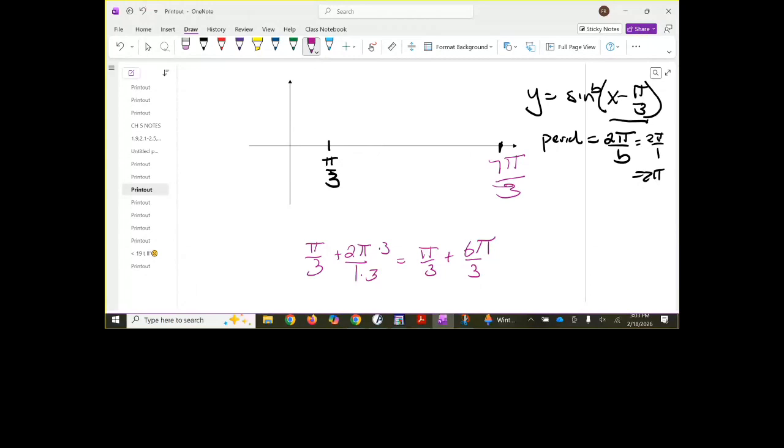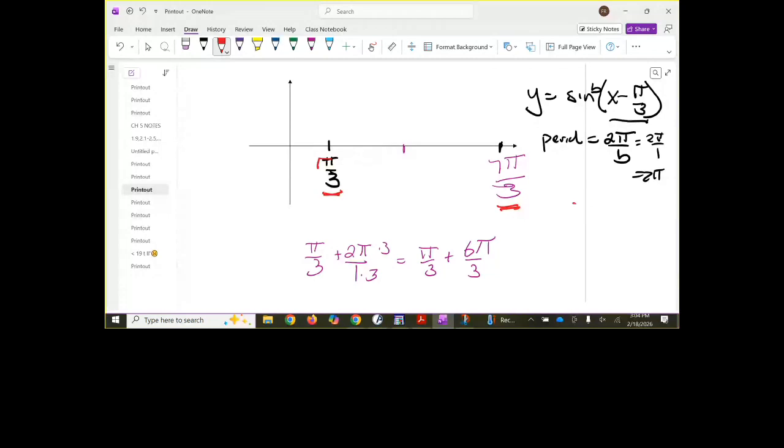Okay, now, y'all, just like we did before, boom, I want to find my number in the middle. Okay, let's find our number in the middle. Remember, y'all, the way we're going to find the number in the middle, we're going to take this number and that number, we're going to add them together. Does anybody know what pi over 3 plus 7 pi over 3 would be? I'll give you a hint. The number in front of that pi is really a 1. If we were to add this number and that number, what would we come up with?